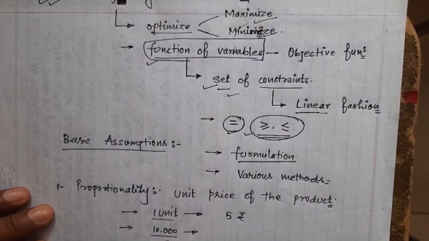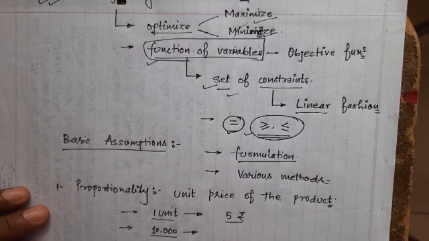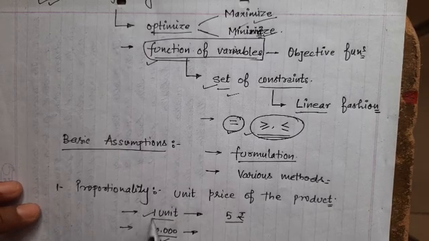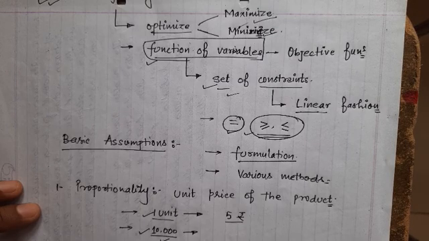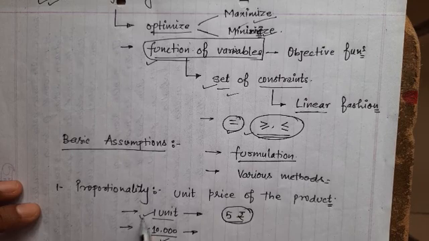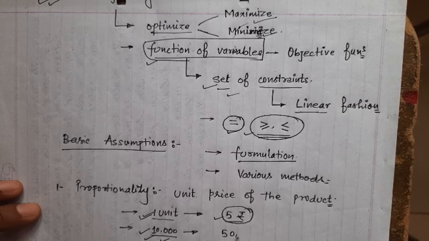The shopkeeper bargains and there will be some alteration in the price. But in linear programming, whether you purchase 1 unit or 10,000 or lakhs of units, the price will always remain the same. 1 unit is 5 rupees, 10,000 units again at the cost of 5 each, and it will be 50,000.